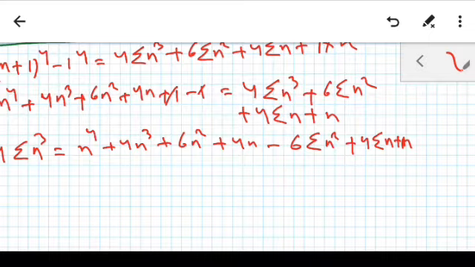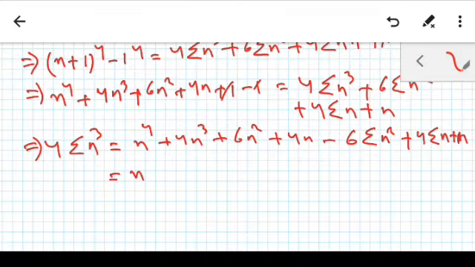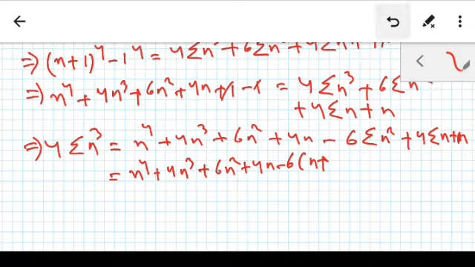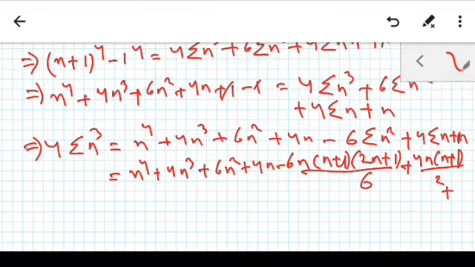Okay. Now look at this, students. If I go on like this, that is equal to n to the power 4 plus 4n cube plus 6n square plus 4n minus 6 into n into, here I have written wrong, n into n plus 1 into 2n plus 1 whole divided by 6 plus 4 into n plus 1 divided by 2 plus n.